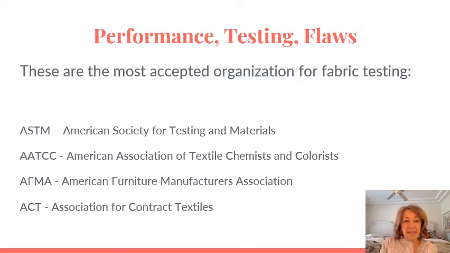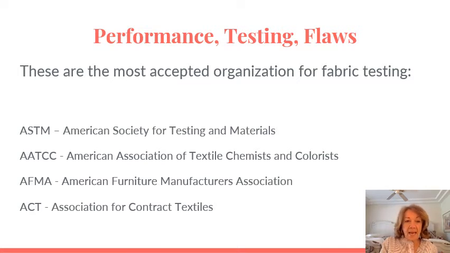The AATCC, American Association of Textile Chemists and Colorists. Individuals from both the textile and chemical communities form the research committees that have developed standards for controlling color. AFMA, American Furniture Manufacturing Association, oversees residential furniture performance testing.